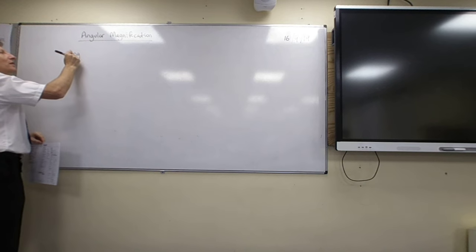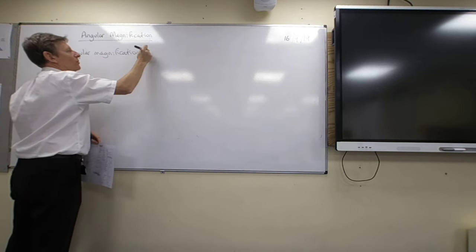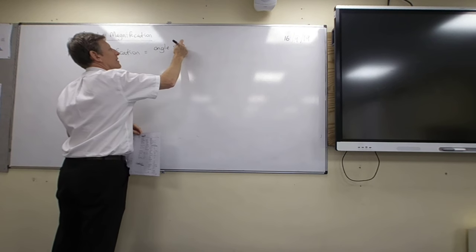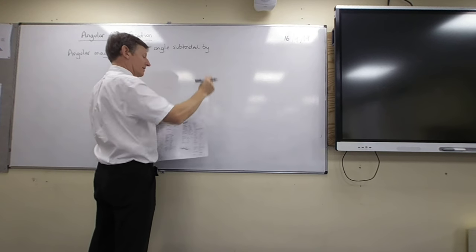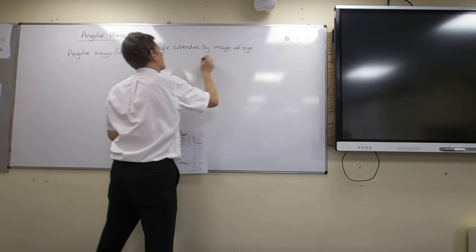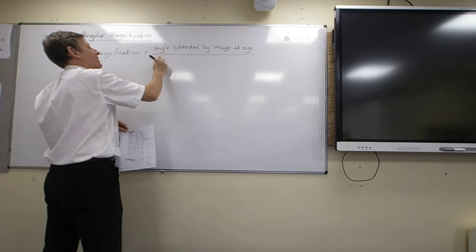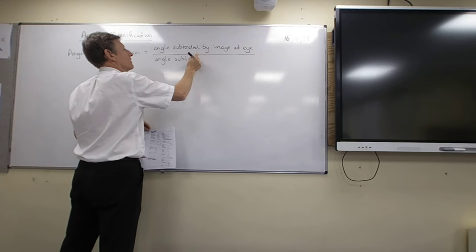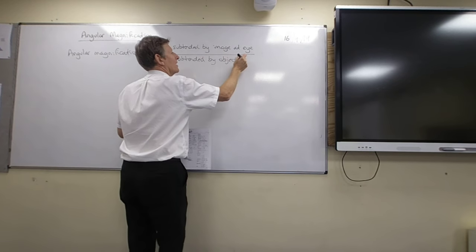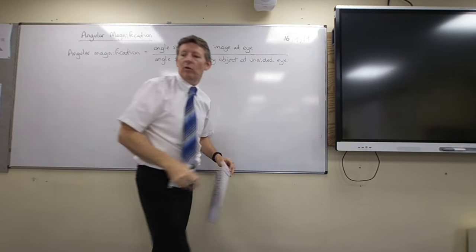So angular magnification equals angle subtended by image at I, divided by angle subtended by object at unaided I. It's the mother of all formulas.